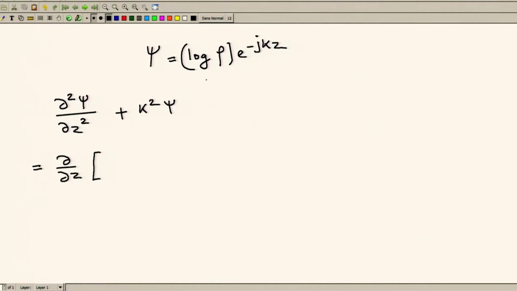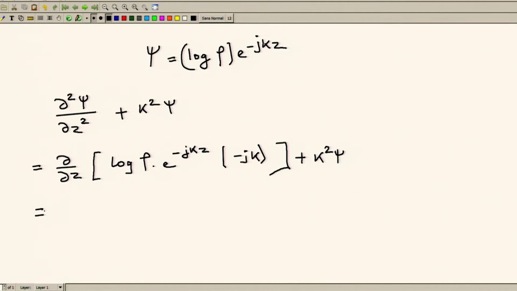On differentiating, log rho will be log rho and e to the power minus jkz will be e to the power minus jkz for complete differentiation. We are having minus jk, okay, plus k square psi.